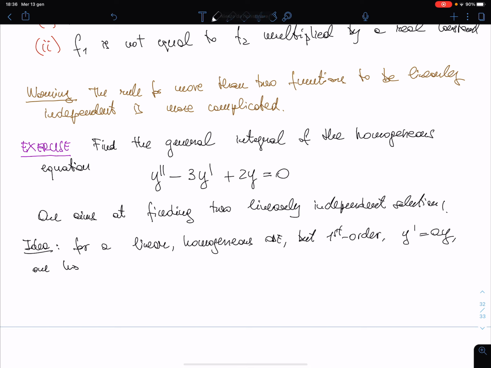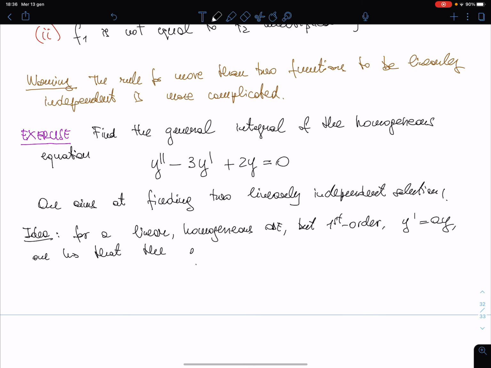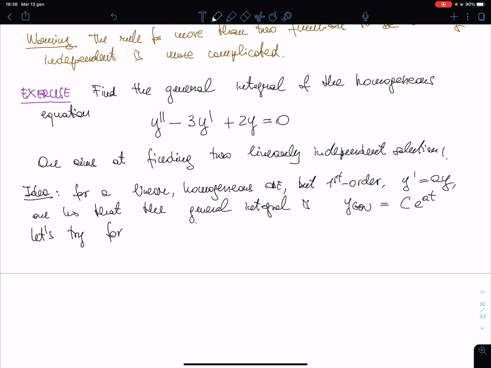One has that the solution, the general integral, is given by the exponential: y gen is equal to c e to the a t. So let's try the exponential here too.